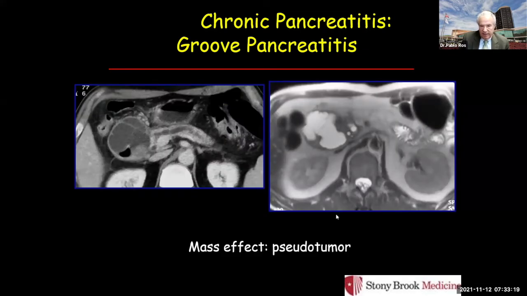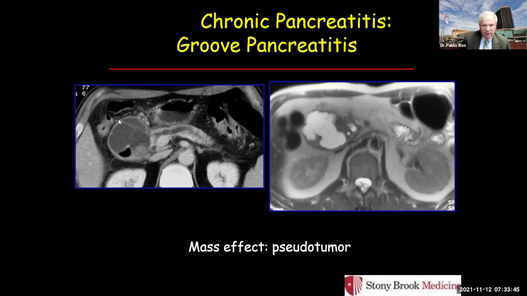This is a little bit more groove pancreatitis, but with pseudocyst formation. It can be seen as a pseudotumor. You see the displacement of the hepatic flexure, but how it is chewing on the duodenum, and obviously findings of chronic pancreatitis with dilatation of the pancreatic duct and atrophy of the tail and body of the pancreas.